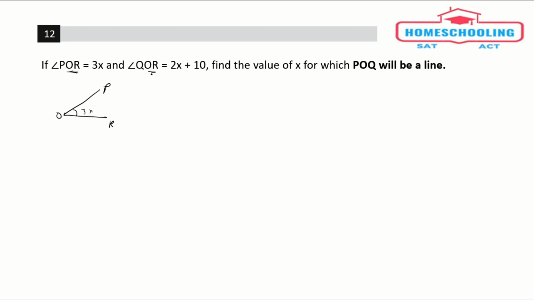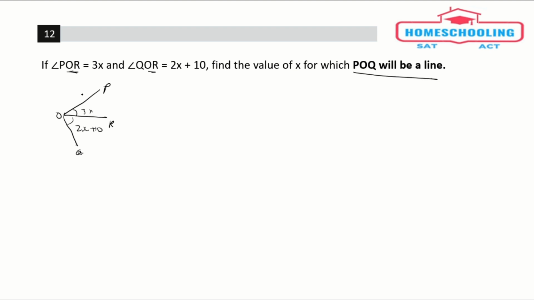So angle QOR, we can make it like this, QOR is 2x plus 10. In the question it is said to find the value of x for which POQ will be a line.